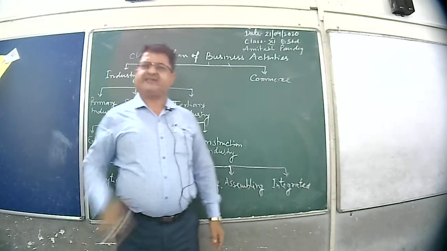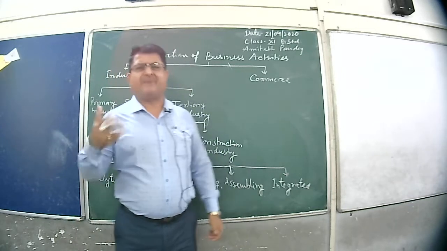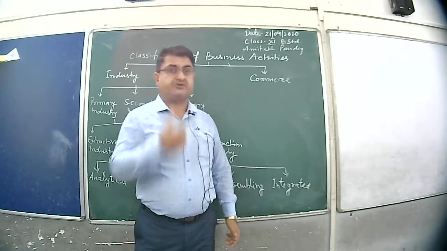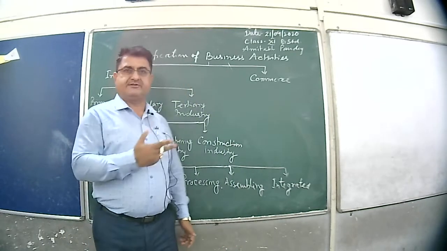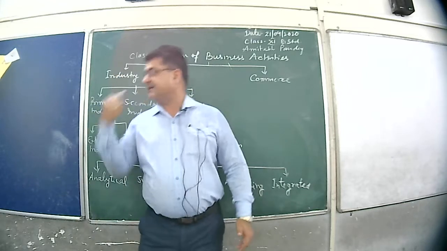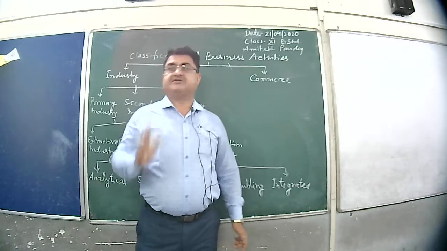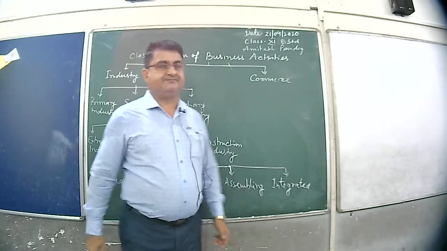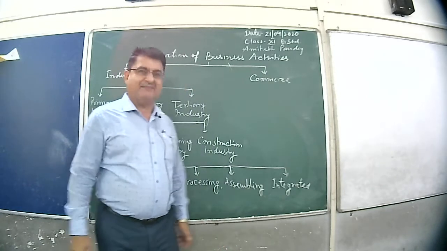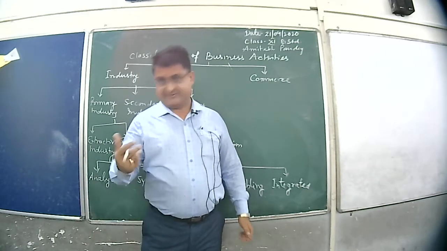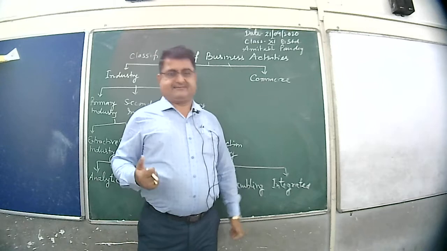Now, sir, a question may be asked, what type of hindrances occur at the time of effective distribution of produced goods from industry to the ultimate consumer? So, these hindrances may be caused by person, possession, finance, time, knowledge, etc. Along with risk.